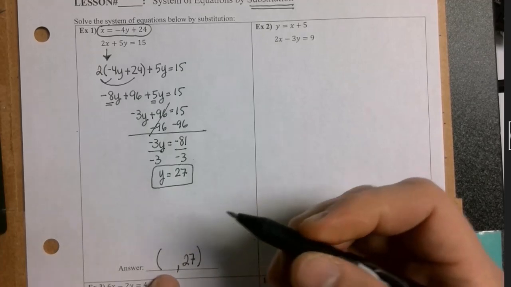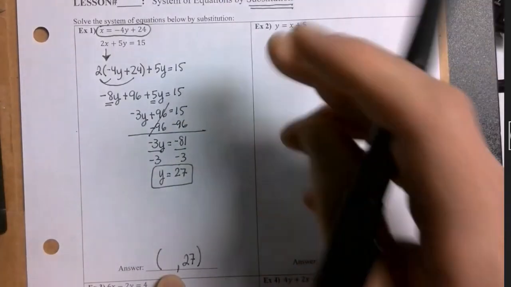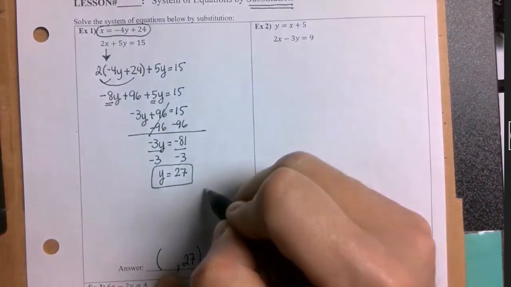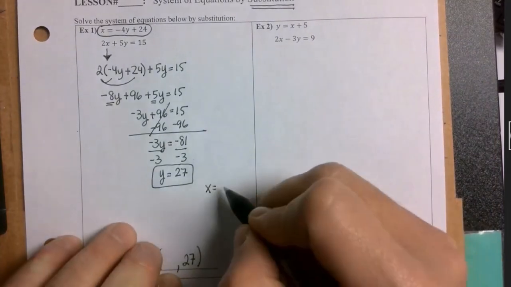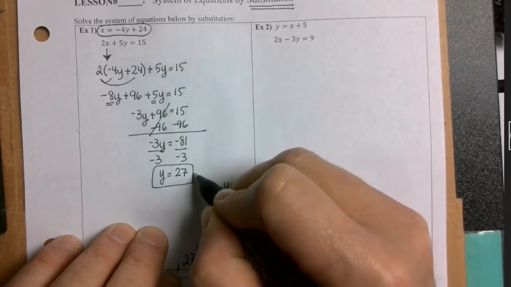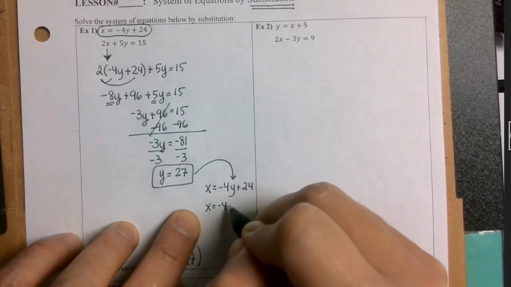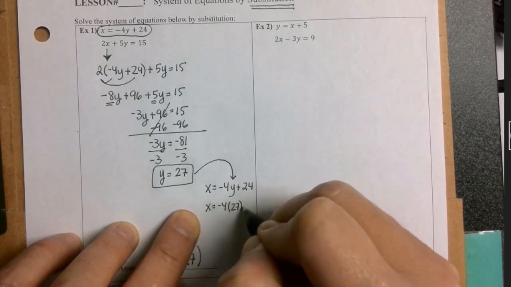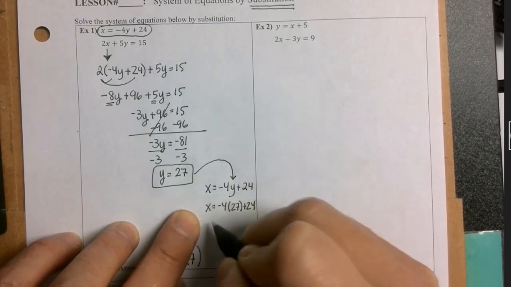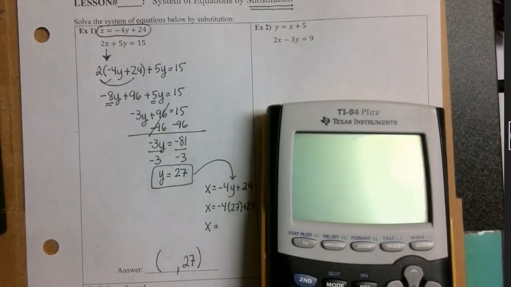Now we need to find the x coordinate. To do that, we go back to the circle that we identified at the beginning. We copy it, and now that I've copied it, I plug it in. So this will be negative 4 times 27 plus 24, and you can use your calculator and do it all at once.